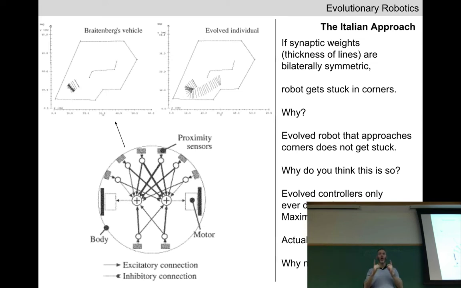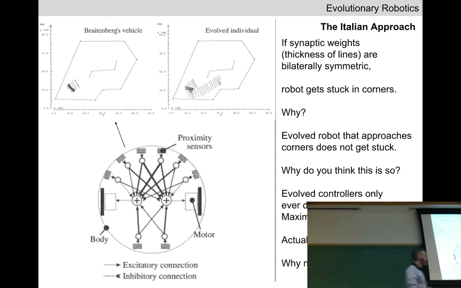Which again is one of the open problems in evolutionary robotics that we'll talk about in a couple weeks' time. How do we get our robot to generalize? It would be nice to evolve it in one maze, or maybe 2 different mazes, so that we could then take our evolved robot and put it in any other arbitrary maze, and it might not do optimal, but it would do good enough, right? How can we ensure that that's going to happen? Nobody knows yet. That's a big open problem.